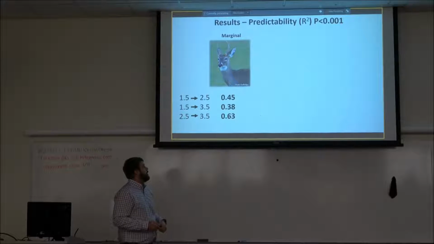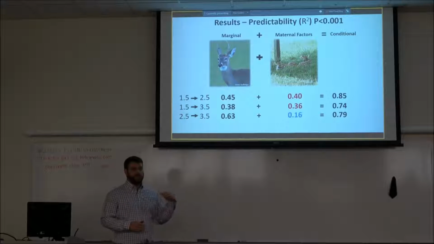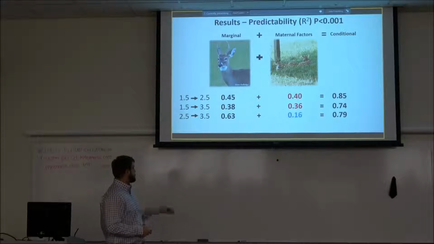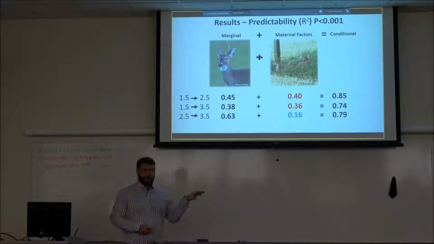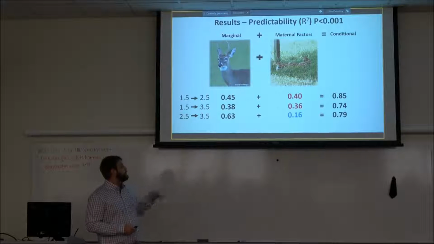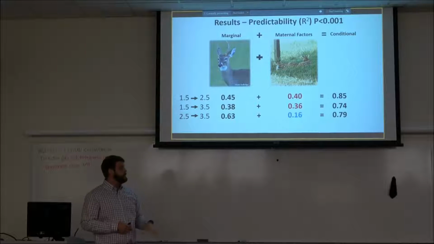But when you include those maternal factors of parturition date and litter size, the predictability dramatically increases. For the relationship between 1.5 and 2.5-year-old antler size, you see a conditional R squared of about 85%, which means that those maternal factors are accounting for about 40% of additional variation in the model. Same story when you're looking at a relationship between 1.5 and 3.5-year-old antler size.